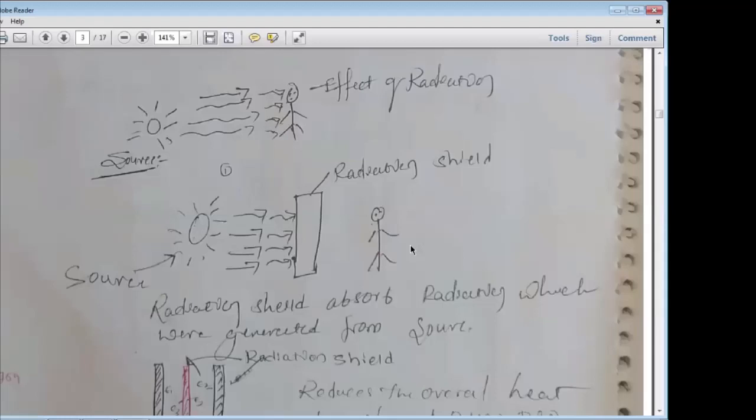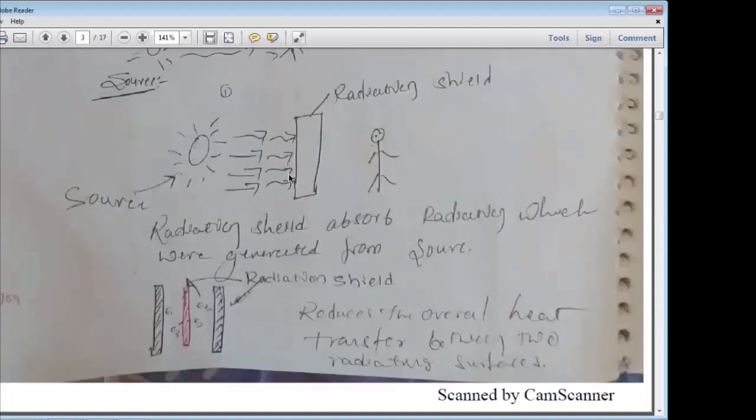The radiation shield absorbs the radiation generated from the source, and it will not affect any person or object. Suppose this is a radiation shield. There are two plates, this one plate and this other plate, and in the middle is the radiation shield.